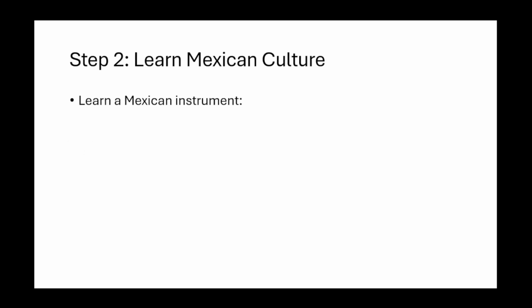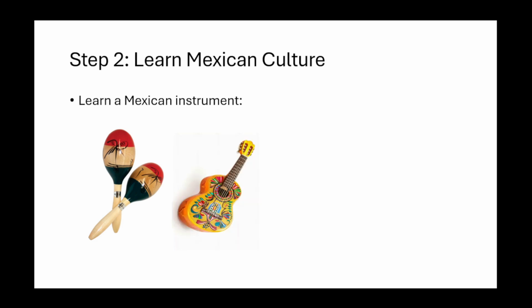Next, you can consider learning a Mexican instrument. There's nothing that says culture like music. So some of the Mexican instruments you can use: you got the maracas. Everyone knows the maracas. You shake them. That's about it. Pretty easy. You've got your guitar, but specifically the ones they use in the mariachi bands with the fancy colouring, like you get your little small sister to draw on it.